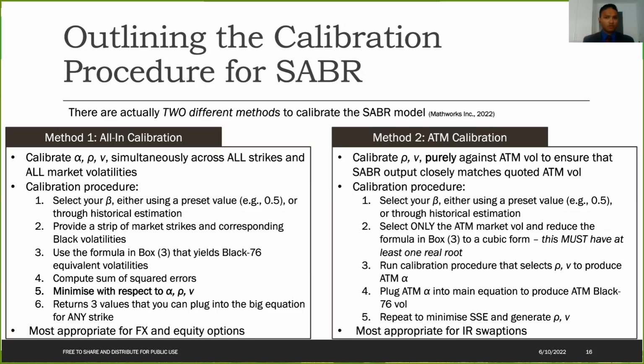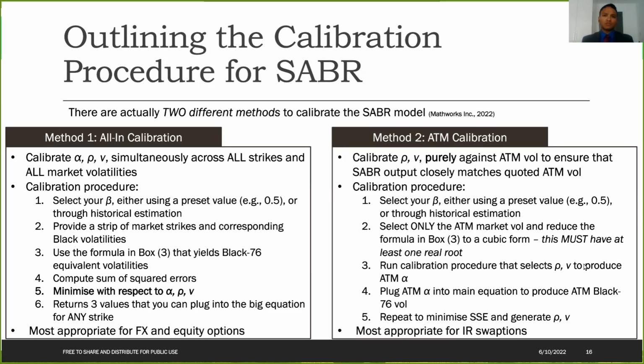And the constraints are pretty strong. Alpha has to be strictly positive, actually. Nu has to be strictly positive. Rho has to be between -1 and 1, because of course it's a correlation coefficient. So these are strong conditions, but generally speaking, you're almost always going to get a calibration unless the market's doing something really, really funky, and that's very, very rare.